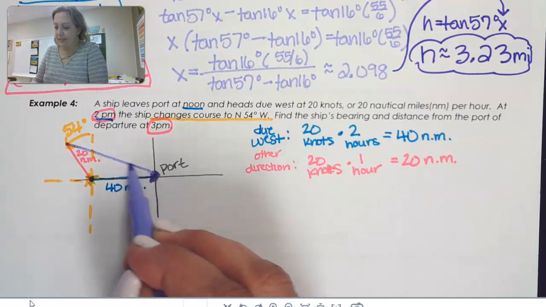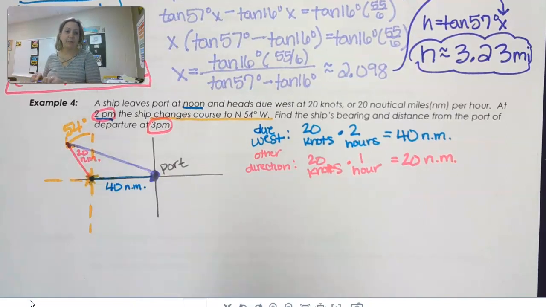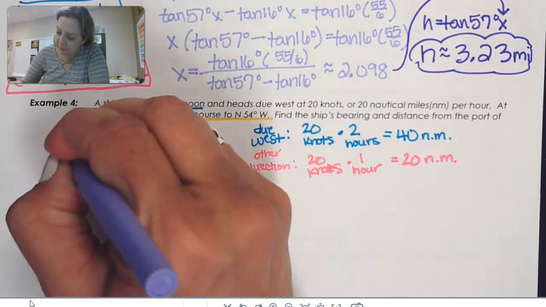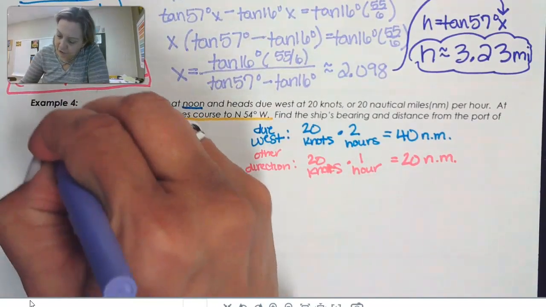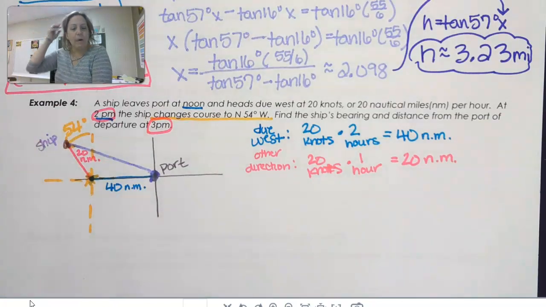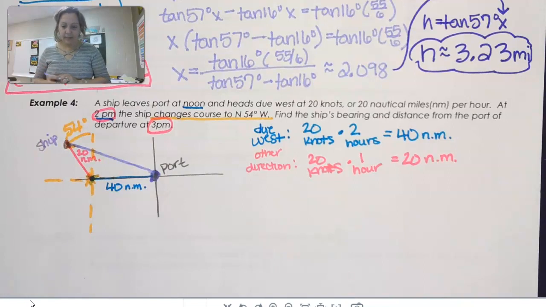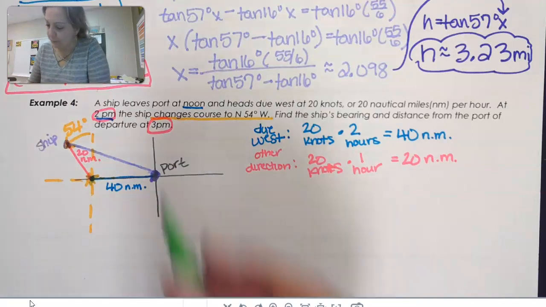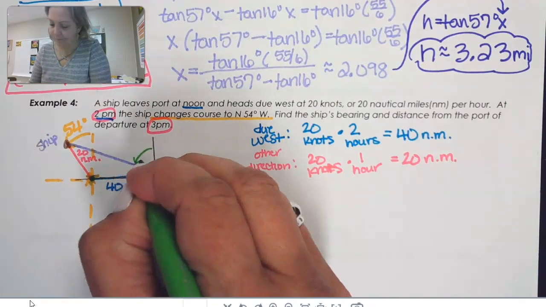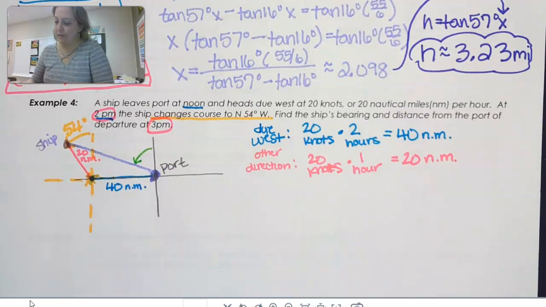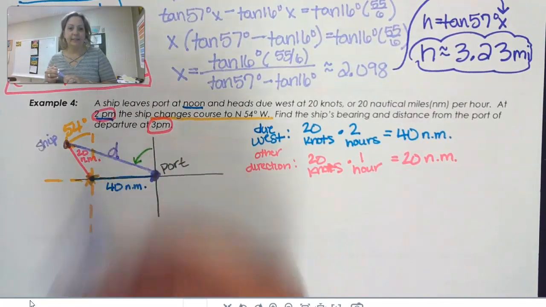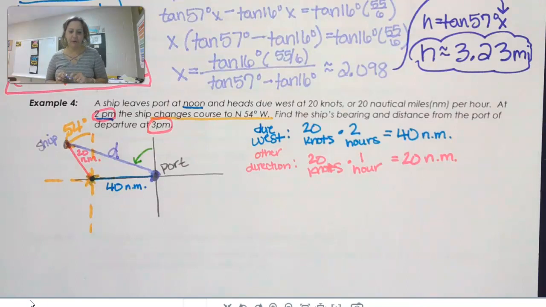So from here to here, because this is where the ship ended up at 3 p.m. So this right here is where our ship is at 3 p.m. So it wants our bearing, I'll make it green, and then it wants our distance.